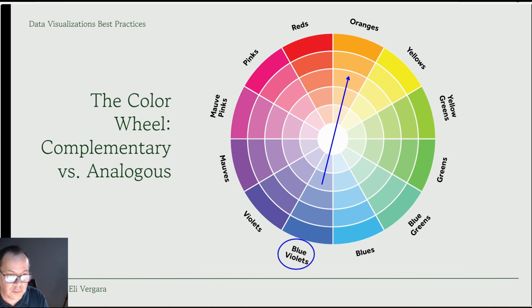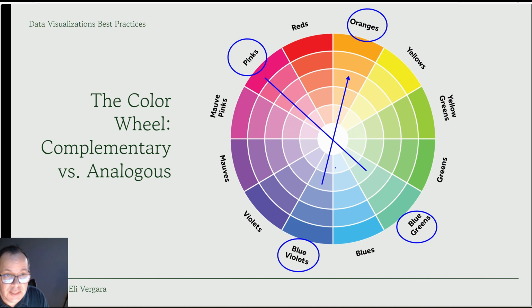So we have blue violets opposite from oranges. And then we have, say, pinks that are opposite from blue greens. So this matters because depending on the data that we're trying to present, we want to make sure that we're choosing the right color scheme.